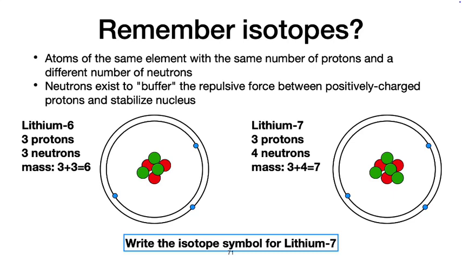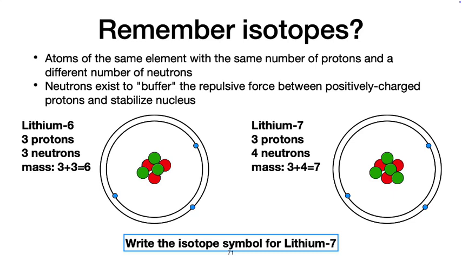What isotope are we looking at? 3 protons, we're looking at lithium. Actually, for the first one, red or green, we don't know what they are. So it's either 3 protons or 3 neutrons, or 3 protons and 3 neutrons. Either way, we're getting to the same element. So we'd be looking at lithium. So in this first case, we've got lithium-6.